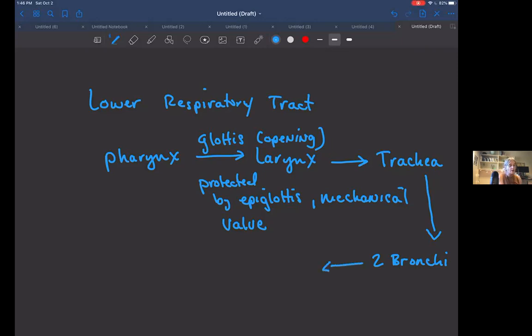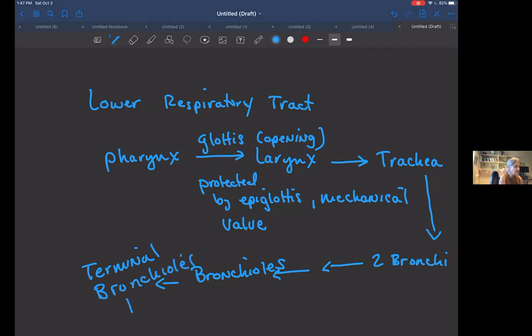Then we go into smaller and smaller vessels until we get to what are called the bronchioles. It's branching; we could talk about the respiratory tree, which branches into smaller and smaller vessels. Then we have the terminal bronchioles, which lead to structures called the alveoli. The alveoli is where the respiratory membrane is located.